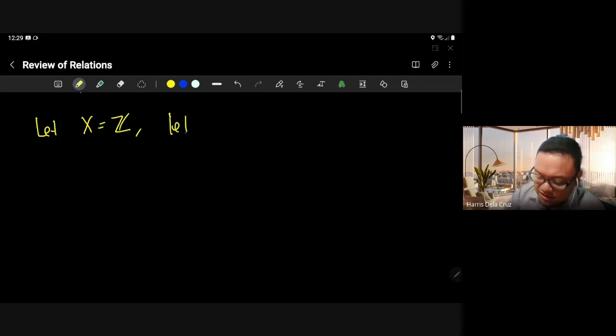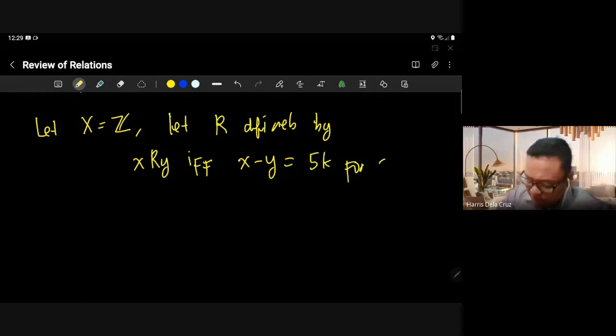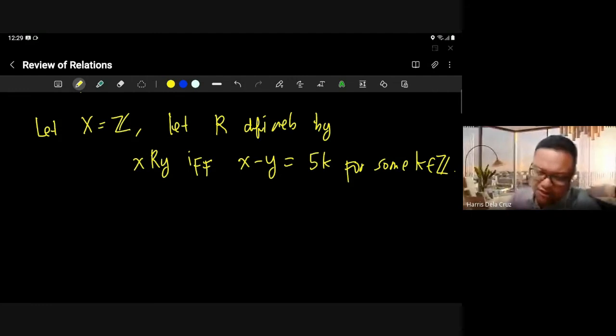And then, let's define R to be the relation defined by: X is related to Y if and only if X minus Y is equal to 5k for some k element of Z. So first, this is an equivalence relation, and let's verify that the equivalence relation induced by the partition is indeed the equivalence relation R. Okay, it's easy to show that this is an equivalence relation. First, R is an equivalence relation.